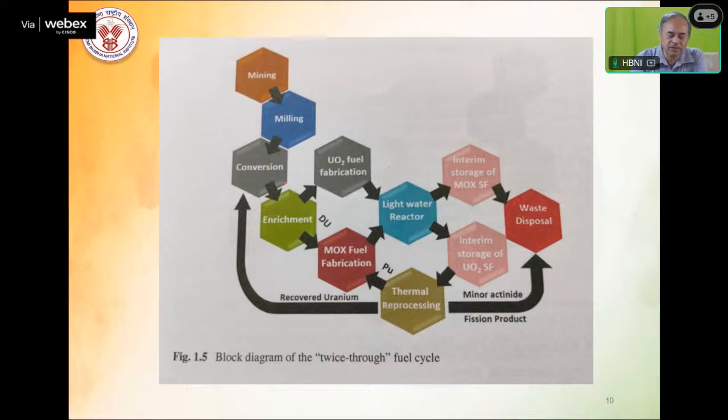Uranium is sent for conversion, then enrichment, and then for MOX fuel fabrication. And this MOX fuel can be again reused in the light water reactor. But after the second utilization, this has to be sent for interim storage and final waste disposal in the repositories.